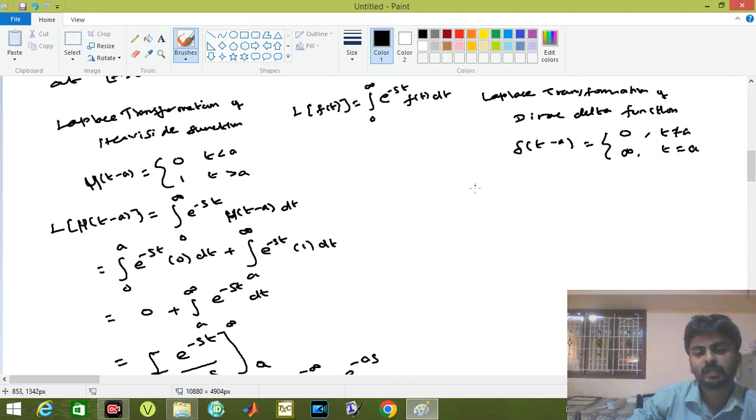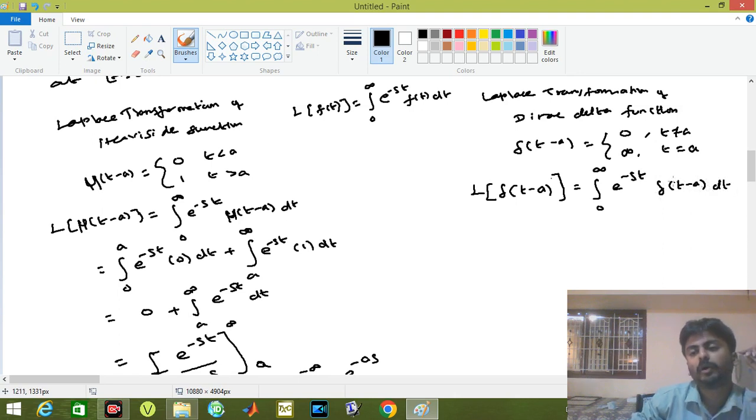Okay, the Laplace transformation of the Dirac delta function is given by L of delta of t minus a, okay, L of delta of t minus a equal to the integral from 0 to infinity of e power of minus st delta of t minus a into dt.